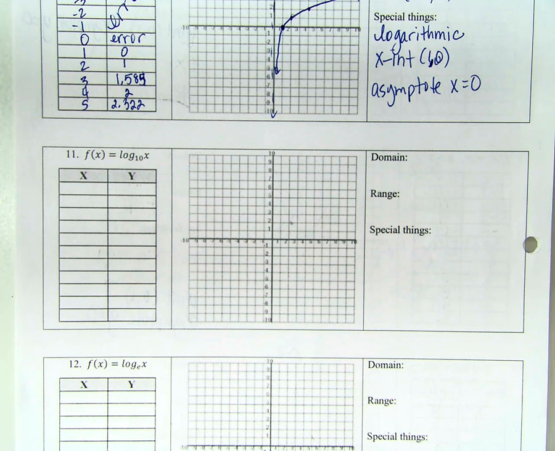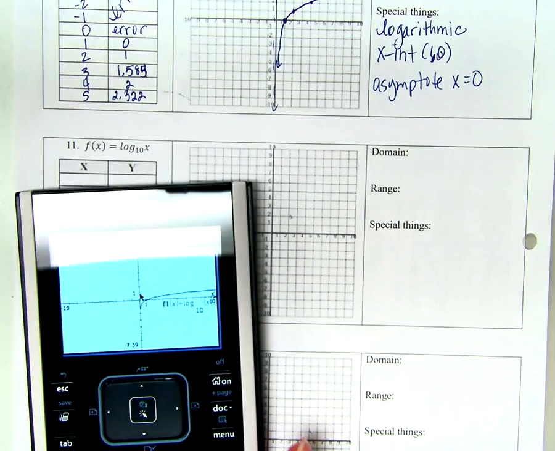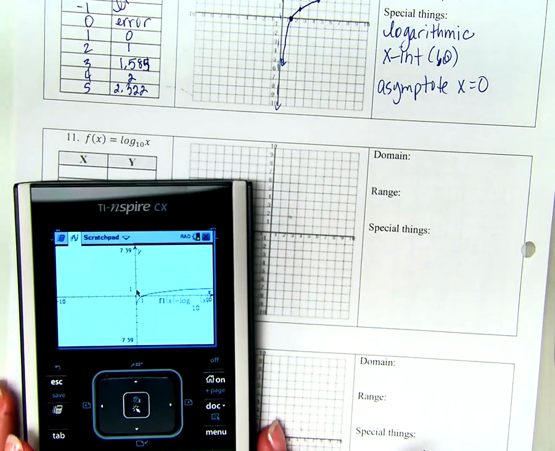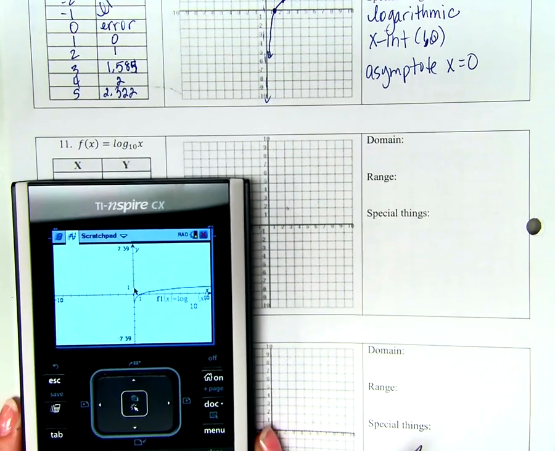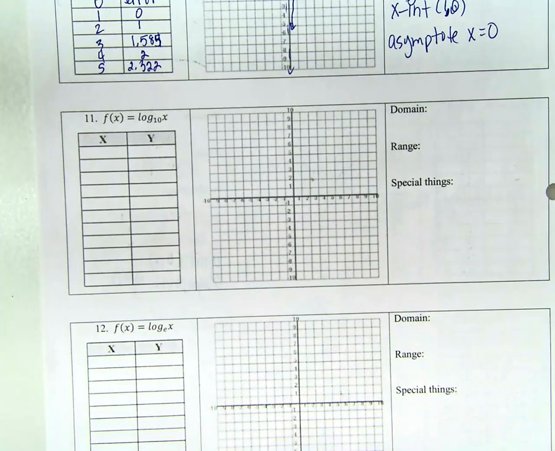I'm going to make this log base 10. So that's what it looks like on the calculator. Does it look the same? Kind of, right? Okay, so let's look at the table. Control T.